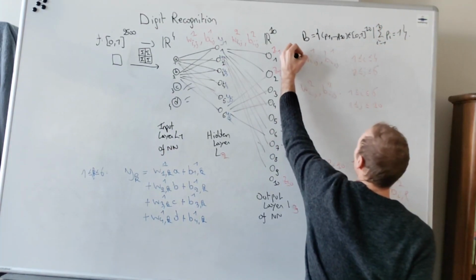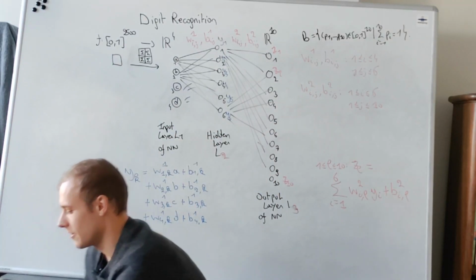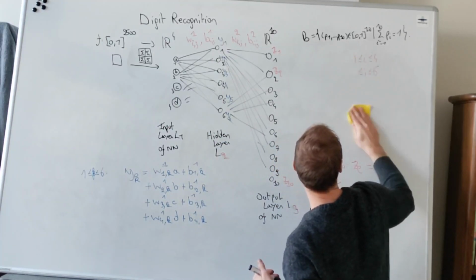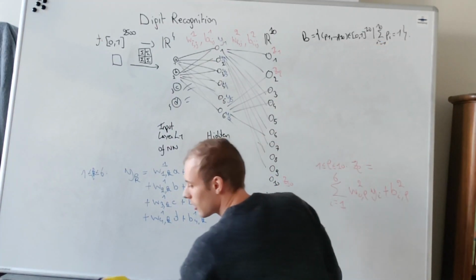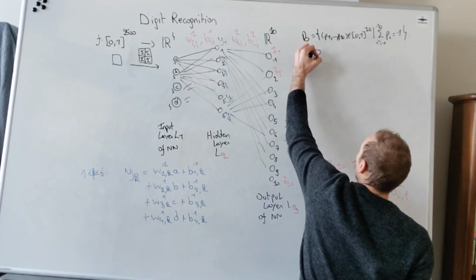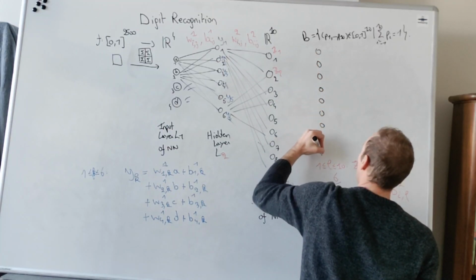So we should go here, and now I'm going to give myself some space. I'm going to erase this. There is now a trick, because we're already almost there. So 1, 2, 3, 4, 5, 6, 7, 8, 9, 10.